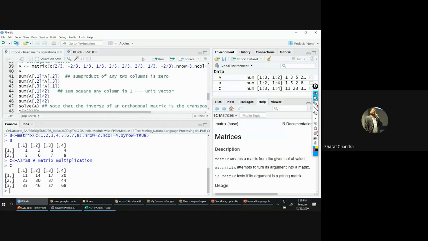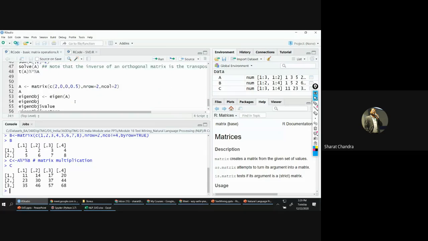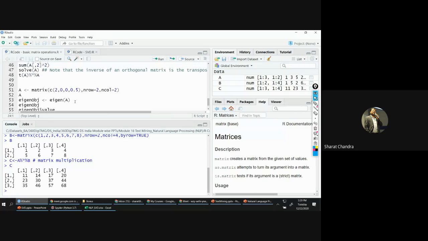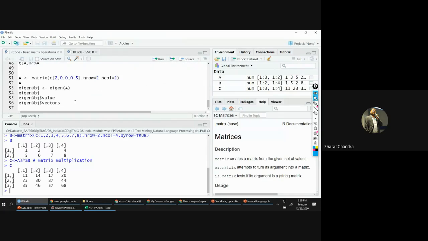And yeah, let's not worry about orthonormal matrix. We'll try and look at something called eigenvectors and eigenvalues. Very simply, I'll try and explain. If A is a matrix and I have a vector V, then I can represent this matrix using an eigenvector and eigenvalue, with this representation.